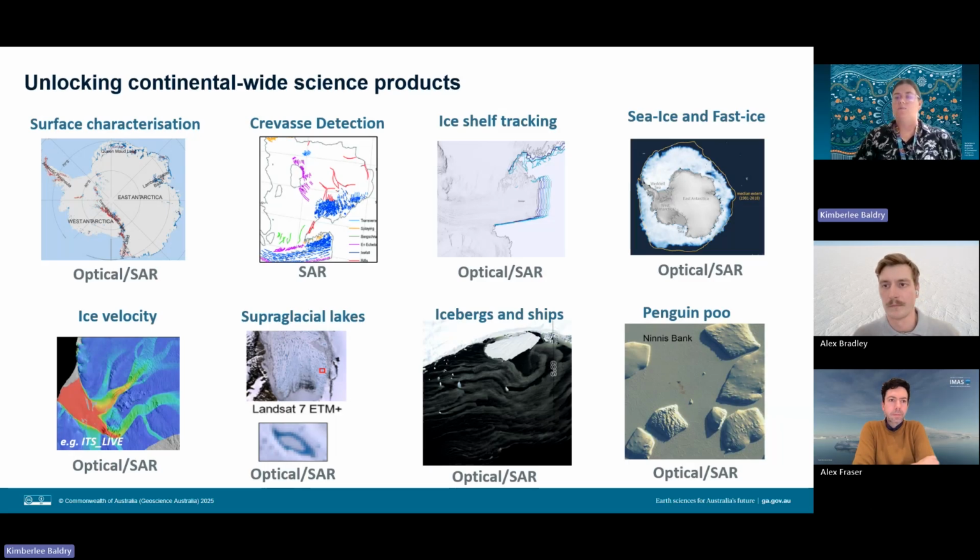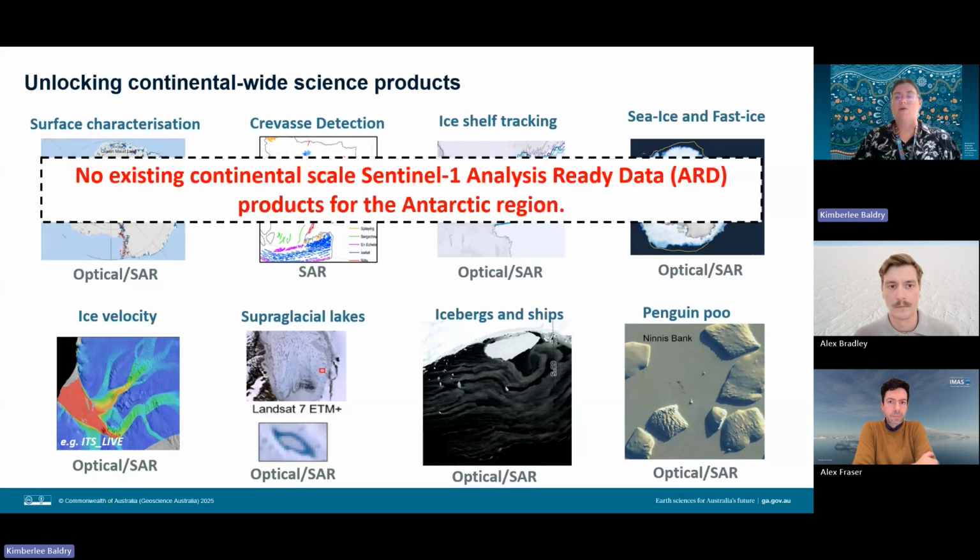Our last speaker has been working with us over a few months, collaborating to produce a fast ice product for the entire Antarctic coastline. It is important to remember that no existing readily accessible continental scale SAR analysis-ready data is currently available, and Digital Earth Antarctica is trying to change this to unlock large-scale science products to deliver analysis and insights across the continent.